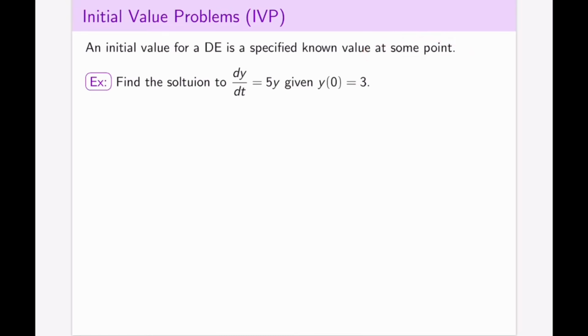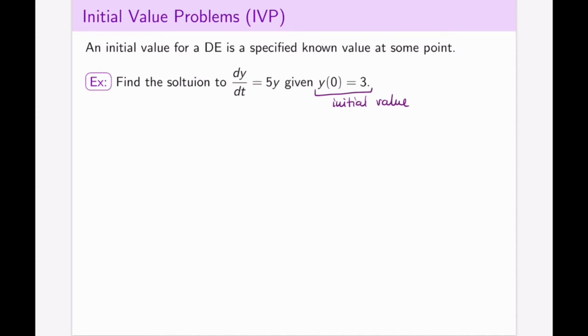Generally, in real-life situations, you will have the value that is specified at 0, the starting point, so to speak, a real initial value, but this does not need to be the case. You could have a specified point that does not happen at t equals 0, but happens somewhere else, and the process of finding a solution will not actually change.